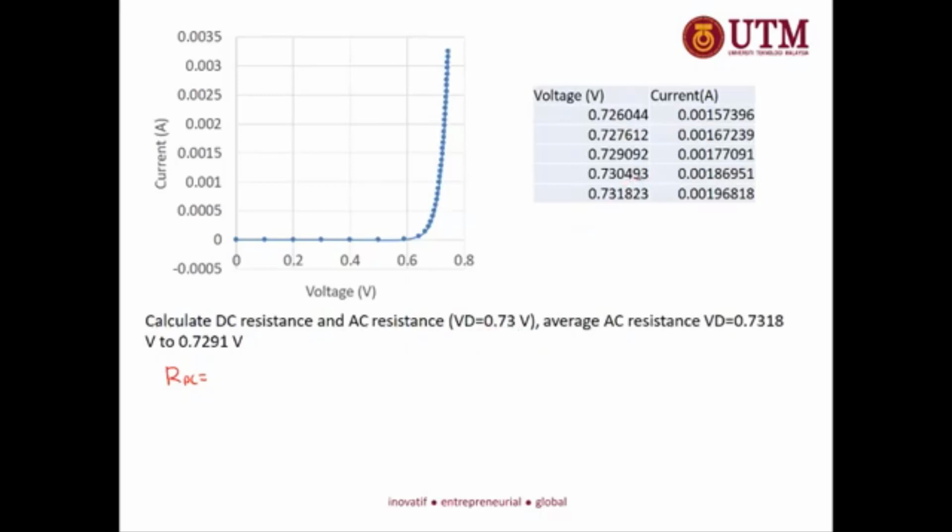0.73. We have two options, whether you use this one or you use this one. Let's say we use this one, 0.729. So the RDC is equal to V over ID, which is 0.729 over 0.00177.